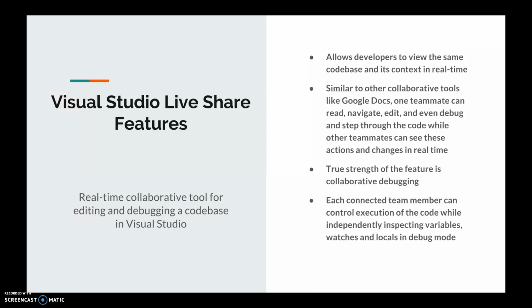Each connected team member can control the execution of that code, as I said, while independently inspecting variables, watches, and locals in debug mode. So what this means is, say you have a for loop with several different variables that are declared in the local context of that loop.